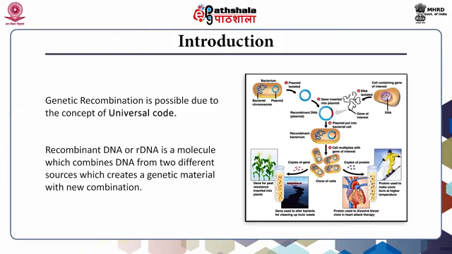The recombinant DNA that is so formed, the plasmid, is put into another bacterial cell which is now called the recombinant bacterium. This recombinant bacterium multiplies and a large number of bacteria form with multiple copies of the gene of interest. This has several applications.